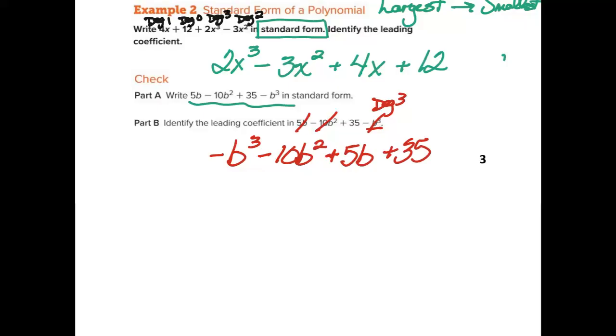Dwayne, any idea what the leading coefficient would be? The leading coefficient is the coefficient of the whole entire thing. It is -1. Well, there's no other number there. It's negative. You put the 1 there.